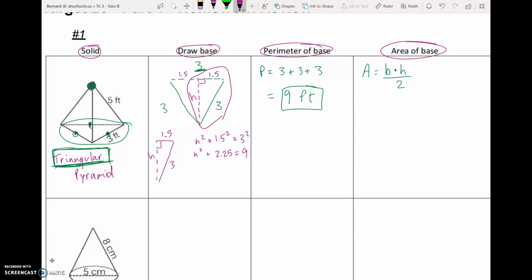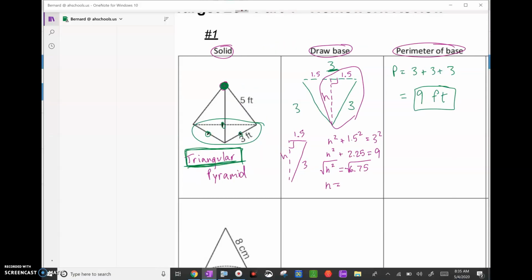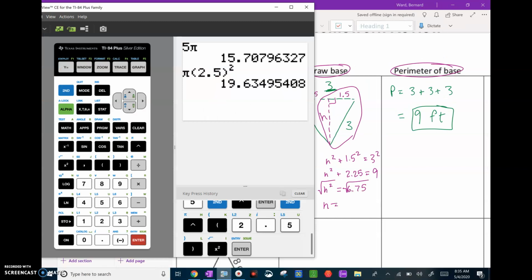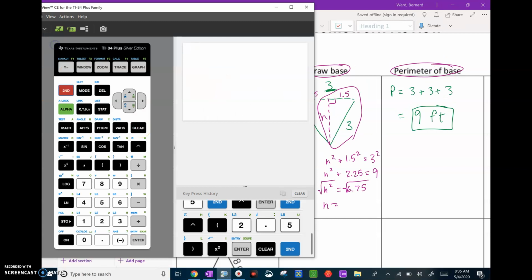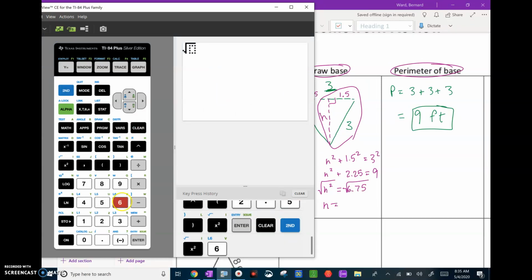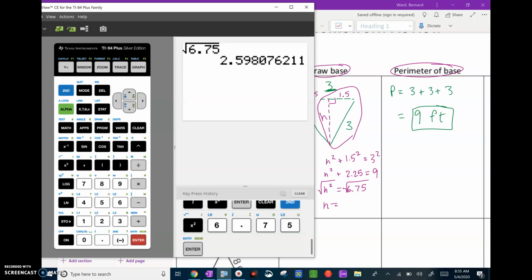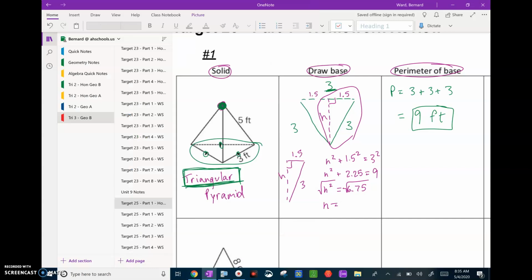Then we subtract 2.25 from both sides, so h squared equals 6.75. To get h, we just take the square root. I'll do this one on the calculator: second square root button, 6.75, enter, and it tells us roughly 2.6 for our height. Our height is 2.6.